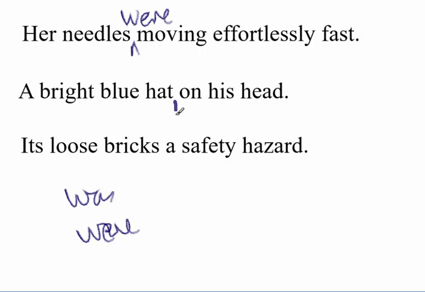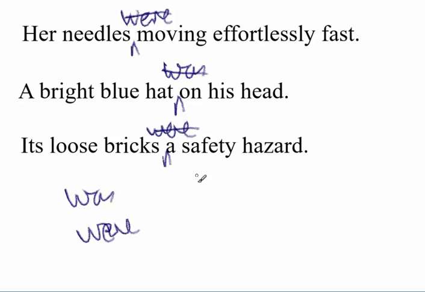A bright blue hat was on his head. Its loose bricks were a safety hazard. All right, those would be complete sentences. Those would be level ones. But if you take out the to be verb, then you're left with an absolute phrase.